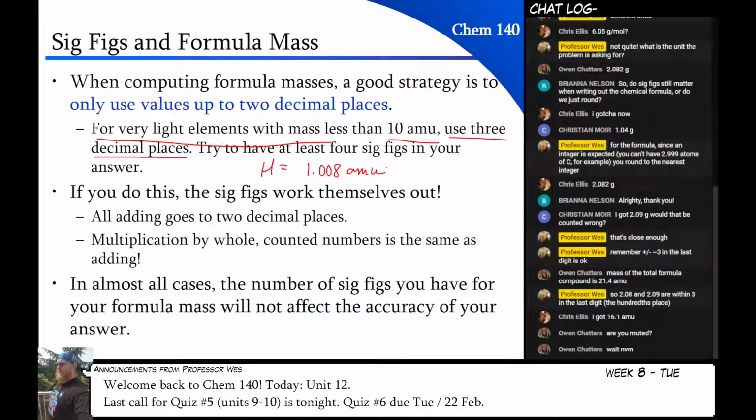So, just be mindful that Lentech is not going to be perfect for very small things, but for large stuff, you're going to get enough sig figs that it will be fine. Alright, so in general, I know that we've been very strict on sig figs in this class, but for formula masses, since you're going to be doing this so often, you could basically trust Lentech, unless it only gives you 3 sig figs. Then you got to do it manually, go get a periodic table that has more digits, and get more sig figs. That's really the only case that you have to worry about.